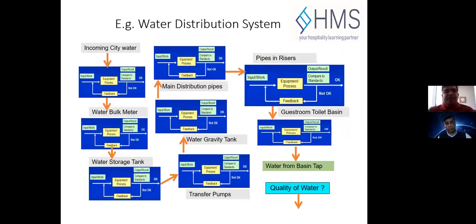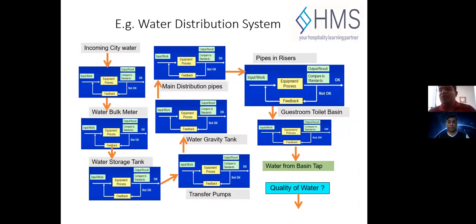Okay, next I just give you the example of hot water distribution system in the guest room. Guest, once he opens the tap, he sees if the water quality is good. So to have a good water quality in the guest rooms with the proper temperatures, you can see how many systems we need to check: the incoming city water quality.